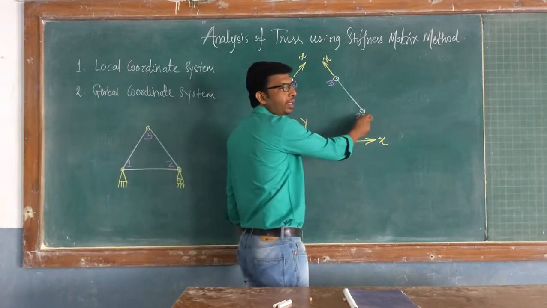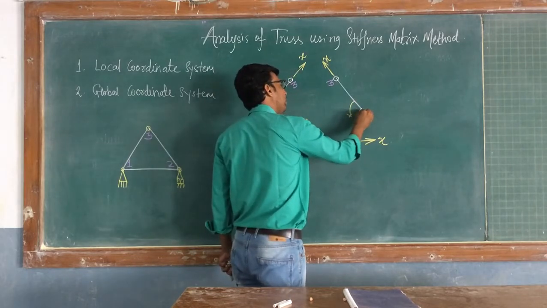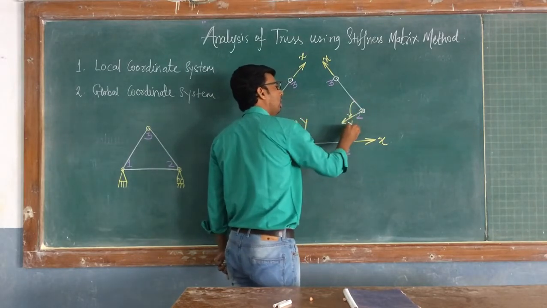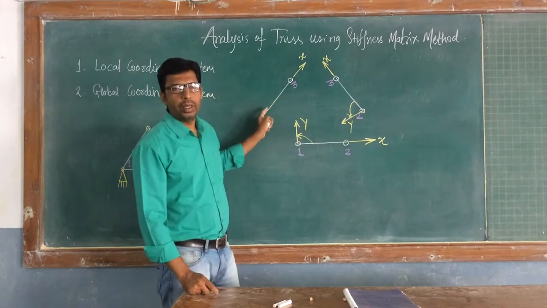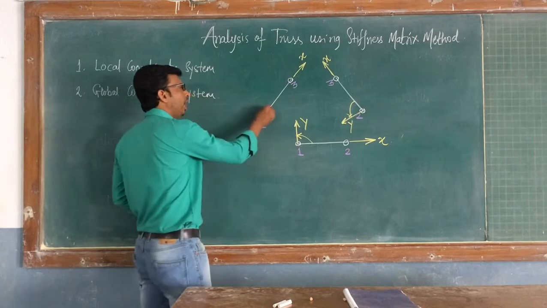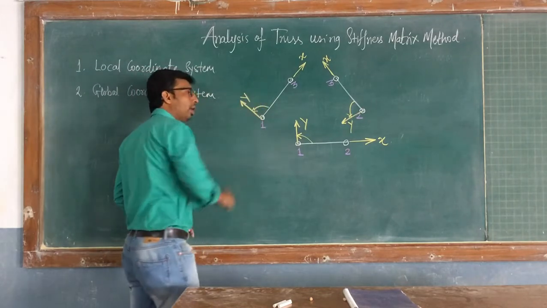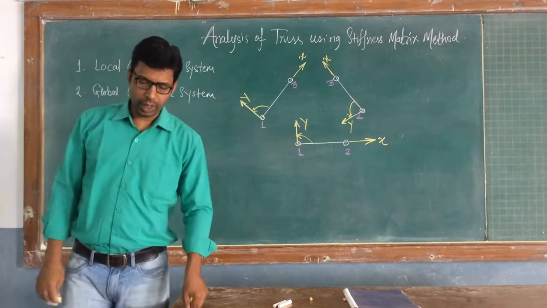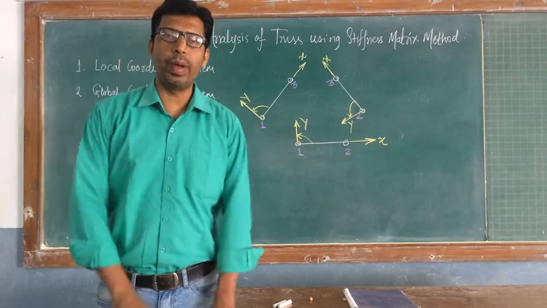Here, if you take this 2 as the first node, anti-clockwise means like this. This is the y-axis. If you take this member, this is the first node, so anti-clockwise, this is the y-axis.